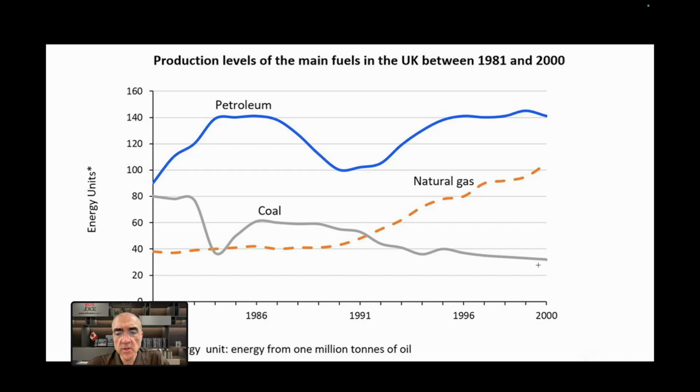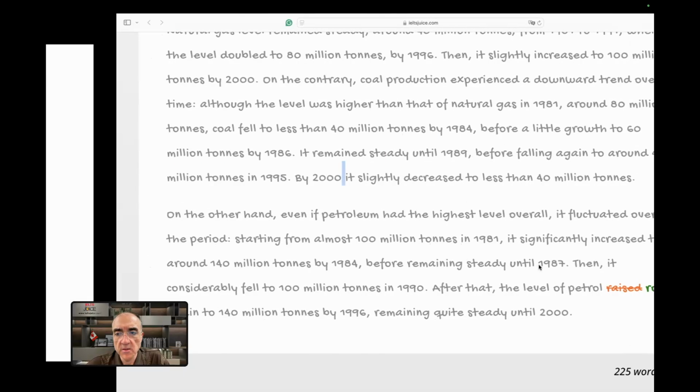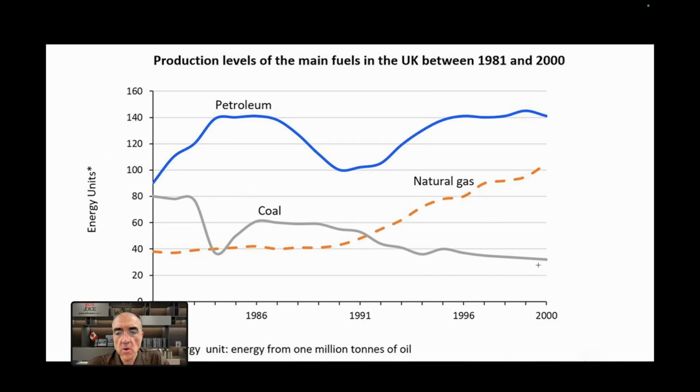And why do we keep saying million tons? Oh, we shouldn't say that. These numbers are not million tons. These are 40 energy units. Each unit is the energy from 1 million tons of oil.